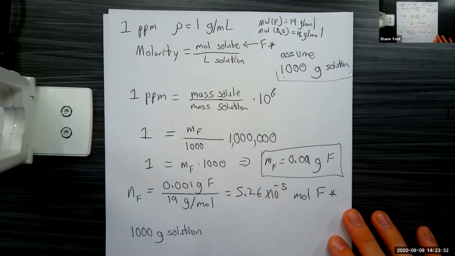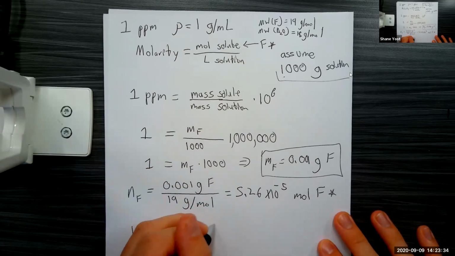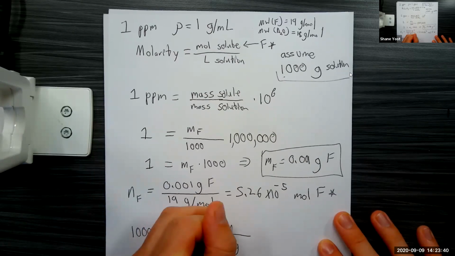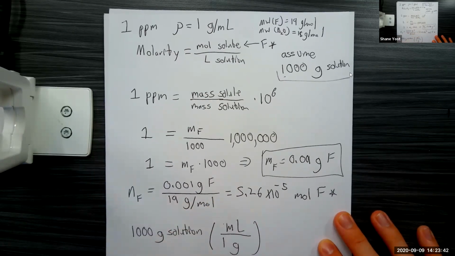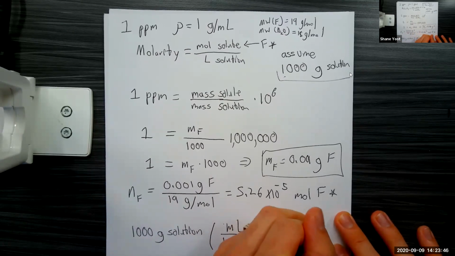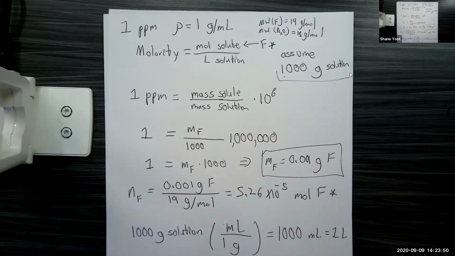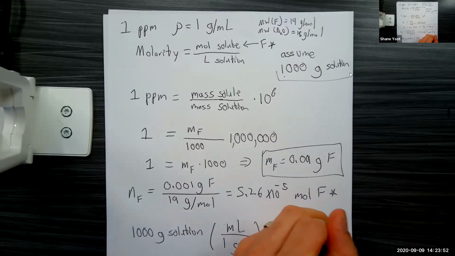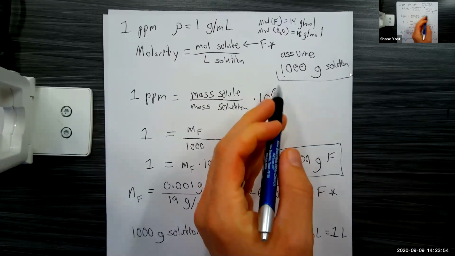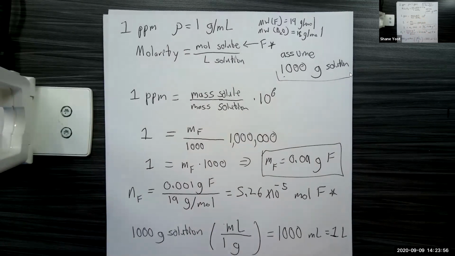With 1 gram per milliliter, my solution is 1,000 milliliters, or 1 liter. That's why I picked 1,000 grams, so it comes out to be 1 liter.